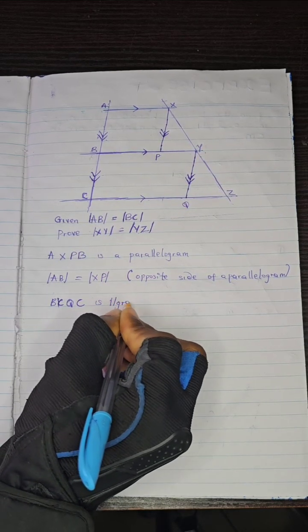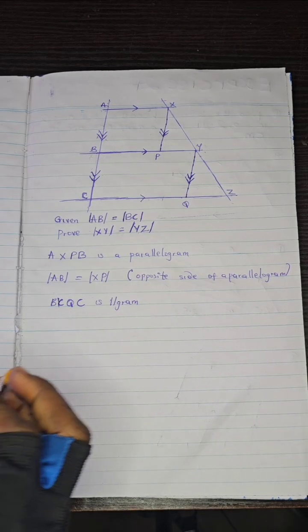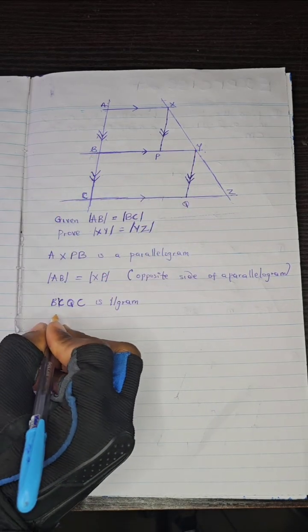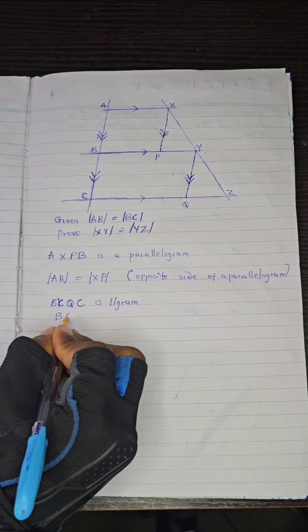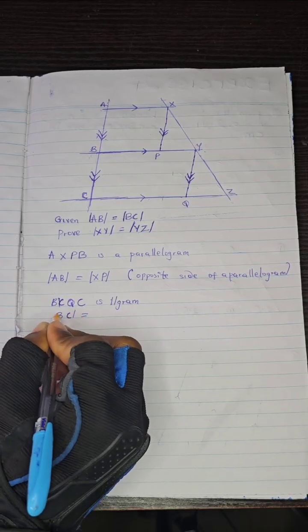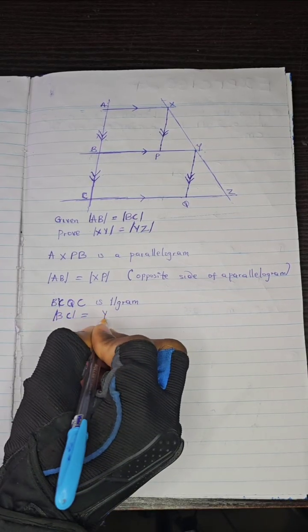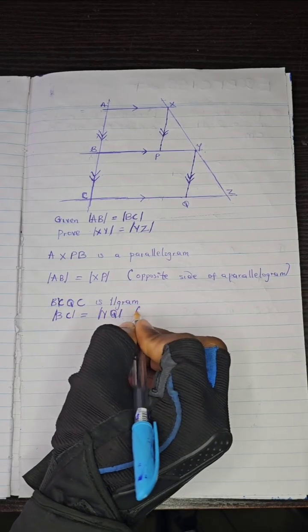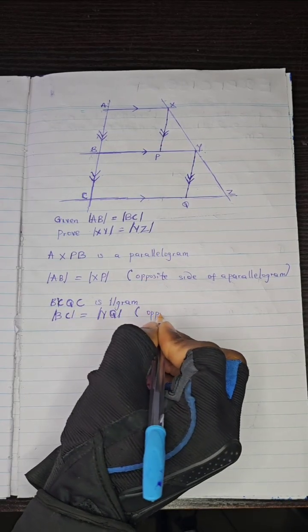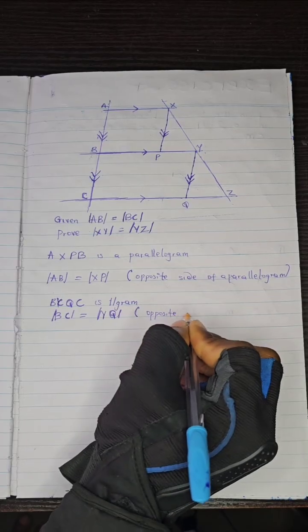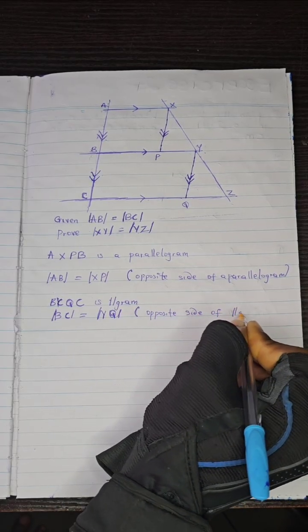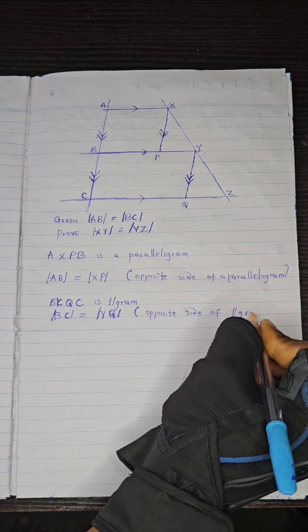So from there, I can say that BC is equal to YQ. So BC is equal to what? YQ. The same reason, opposite side of a parallelogram.